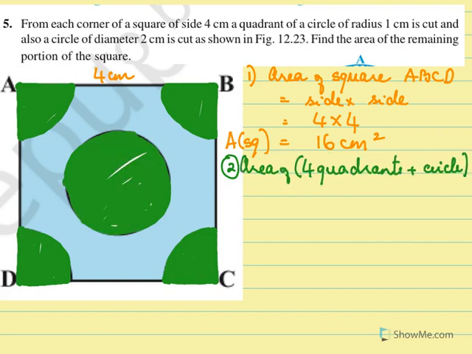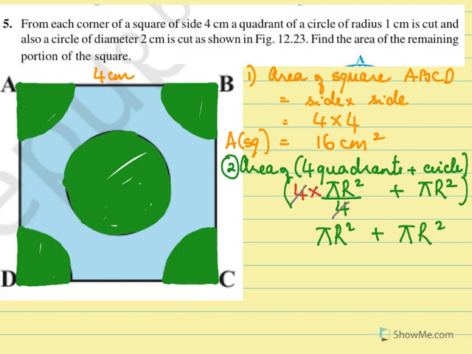Now the area for 4 quadrants will be 4 into the area of a quadrant. Quadrant is a quarter of a circle. That means pi r square, area of the circle, divided by 4 will be the area of the quadrant, plus the circle. Circle will be pi r square. Now here we cut 4, so what remains is pi r square plus pi r square, which is 2 pi r square.